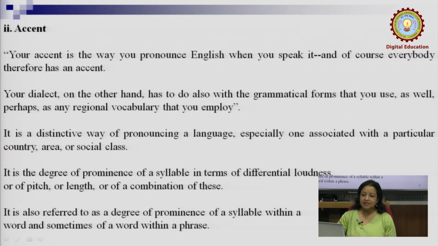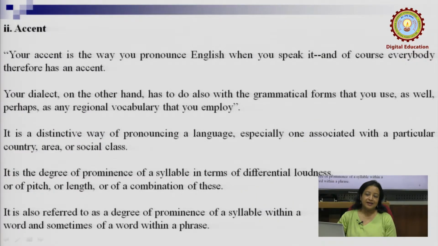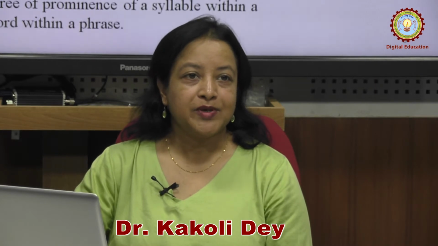It is a distinctive way of pronouncing a language, especially one associated with a particular country, area or social class. Stress is the degree of prominence of a syllable in terms of differential loudness or of pitch or length or of a combination of these. It is also referred to as the degree of prominence of a syllable within a word and sometimes of a word within a phrase.